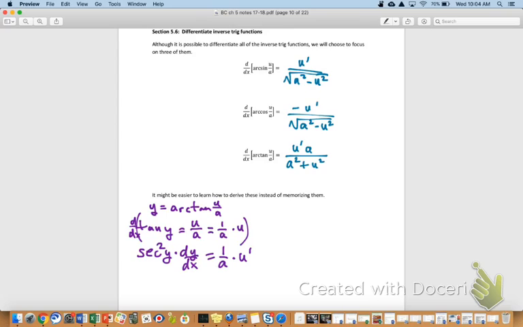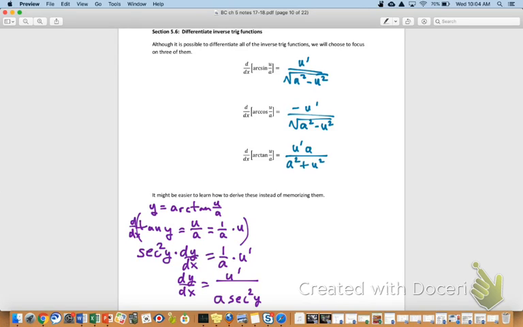So what you could do now is you could write dy/dx, that was our goal, equals u prime over, oh man, this is in a bad spot. I'll write it down here. u prime over a secant squared of y. Right? If I just divide that secant squared y over, I would end up with this.